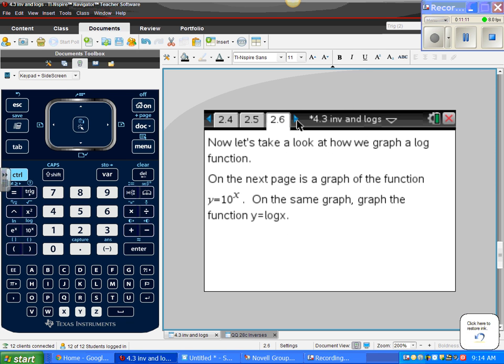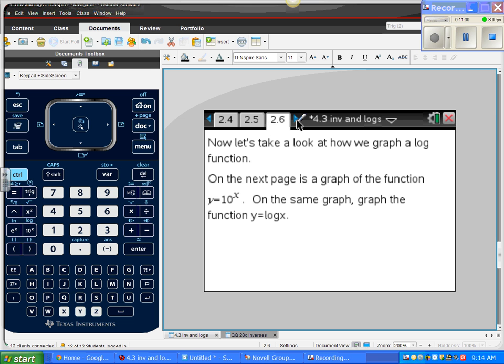All right, so let's take a look at graphing now. We know that the inverse of an exponential is a log. We also know that the inverse of something is simply a reflection over what line? Y equals x. Great, we talked about that yesterday, right? When we're solving algebraically to get the inverse, what's my first step? Switch the y and the x.